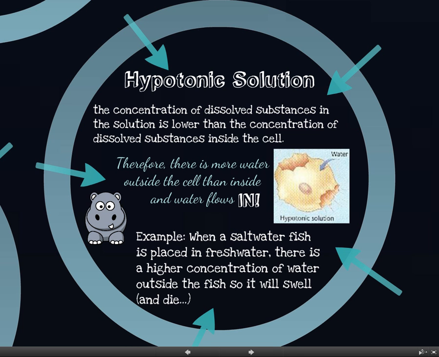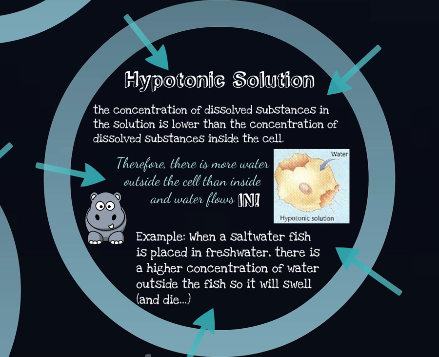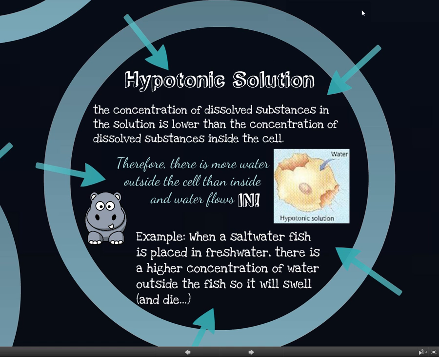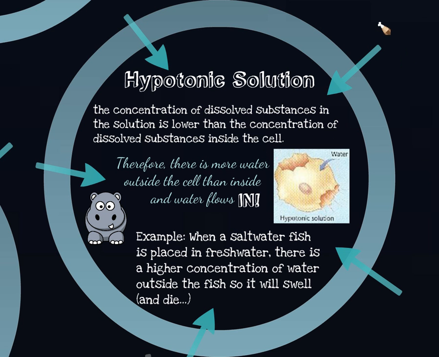Hypotonic is the opposite. Hypo is low. So I think hypothermia is when your temperature gets too low, you get too cold. So that's saying that in the solution outside the cell, we have fewer solute molecules.